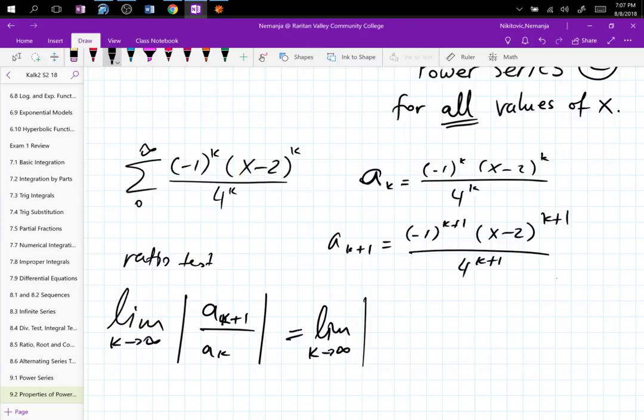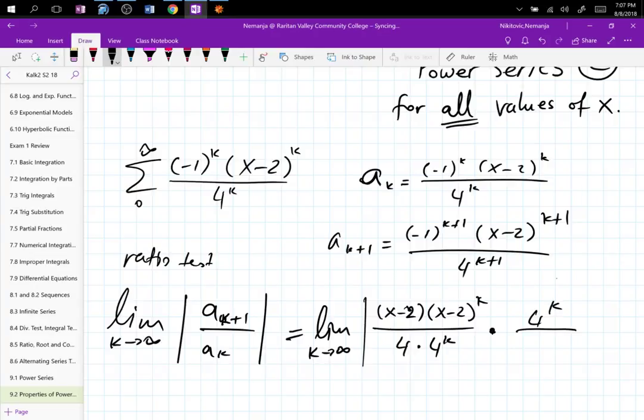So I will immediately do all the algebra to flip and peel. First of all, do I write negative 1 to the k? No, there's absolute value. It's going to die. So who cares about it? Negative 1 to the k doesn't need to go in there at all because we have absolute values. So out with that. I have x minus 2 times x minus 2 to the k divided by 4 times 4 to the k, times 4 to the k over x minus 2 to the k, close absolute values.